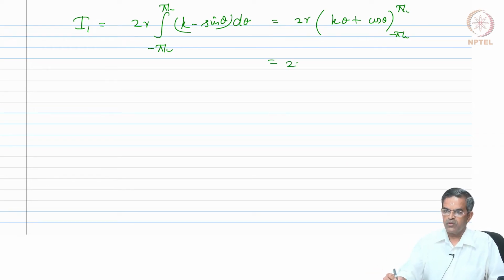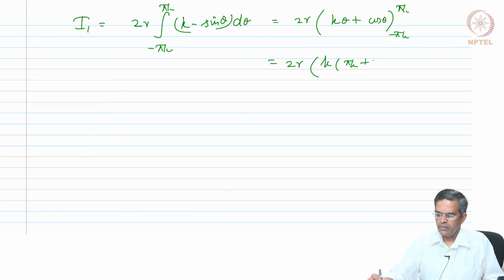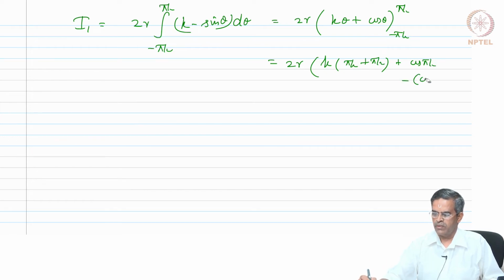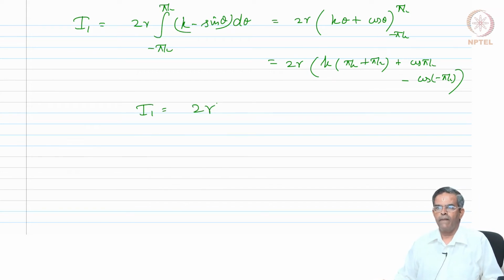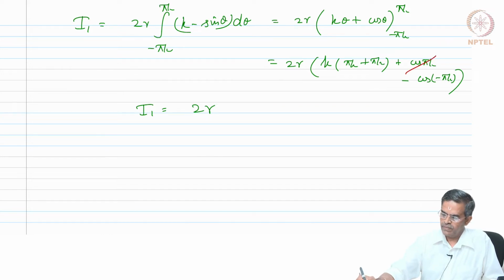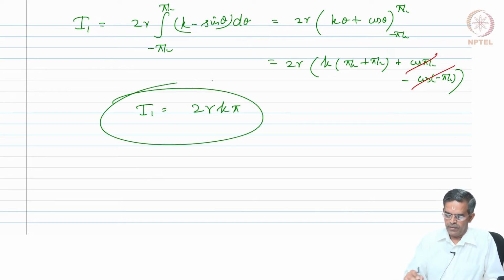This will now become 2r times of k of pi by 2 plus pi by 2, plus cos pi by 2 minus cos of minus pi by 2. So I1 is 2r. This gets cancelled, okay, this gets cancelled. 2r of k pi is my I1.